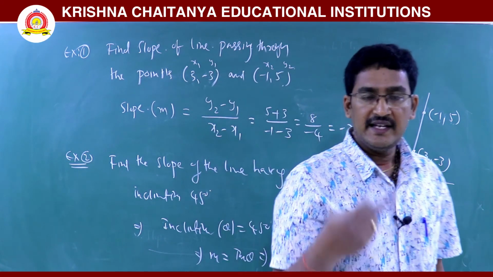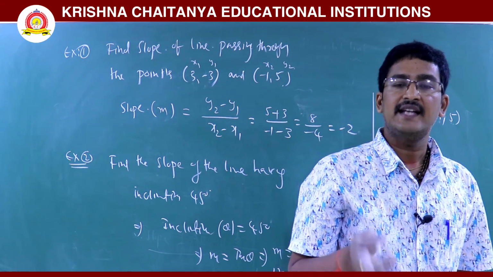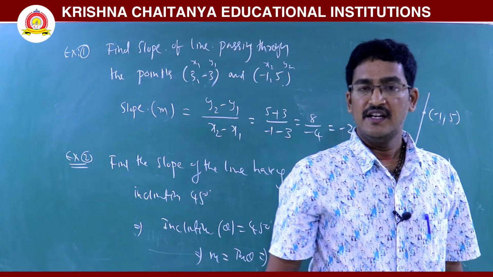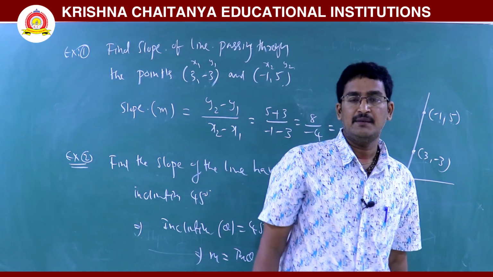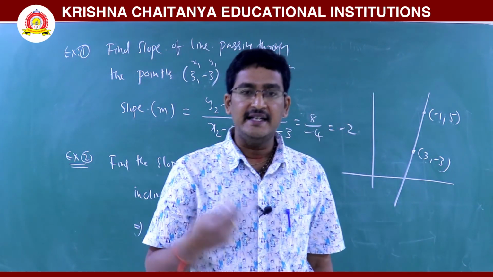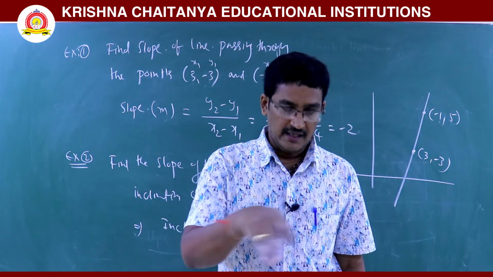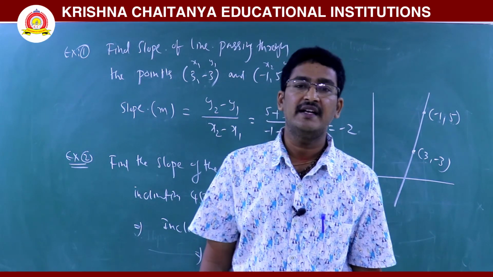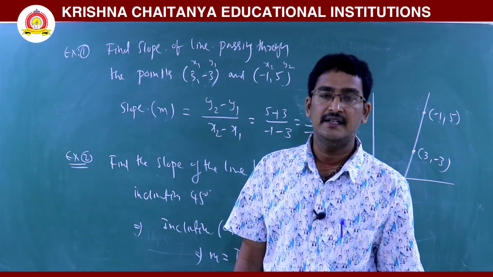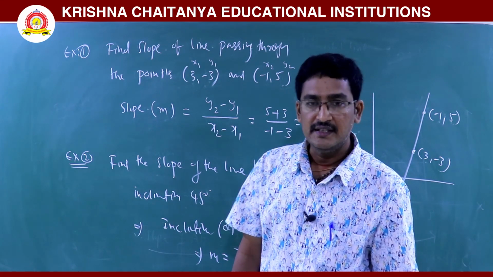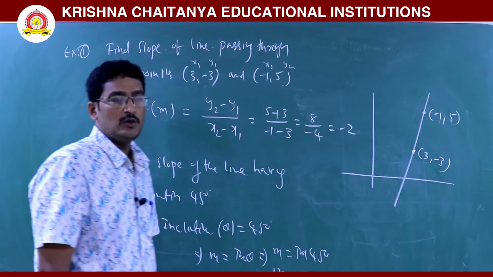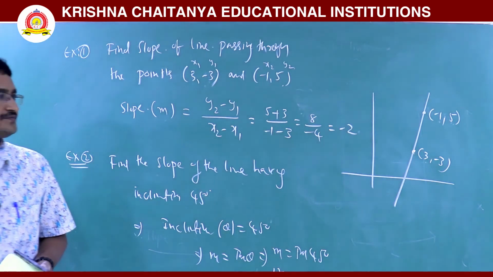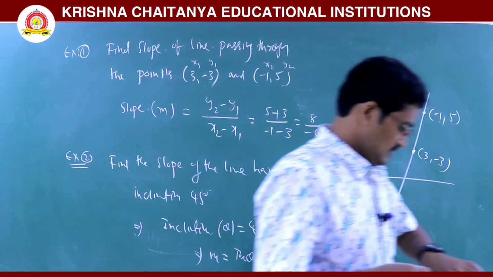If the inclination of the line is 60 degrees, then the slope of the line is tan 60, which is root 3. If the inclination of the line is 30 degrees, that means the line subtends an angle of 30 degrees with the positive direction of the x-axis in anti-clockwise direction, then the slope of that line is m equal to tan 30, which is equal to 1 by root 3. In this way, we have to calculate the slope of the line. Okay, thank you.